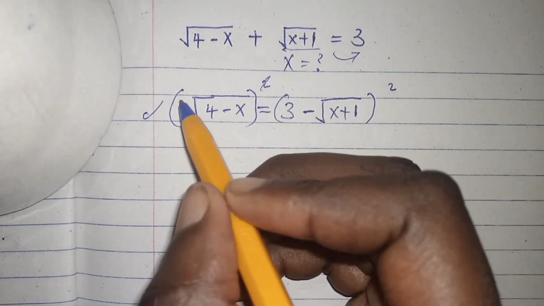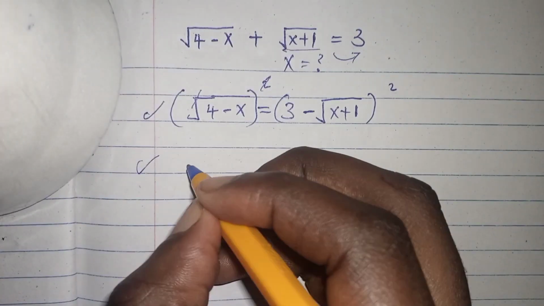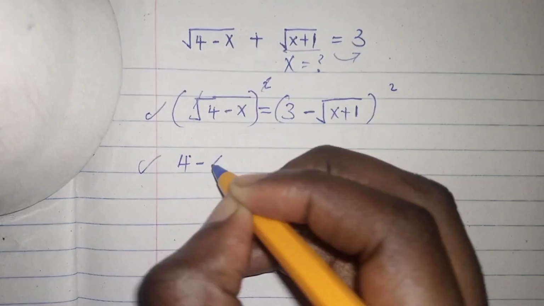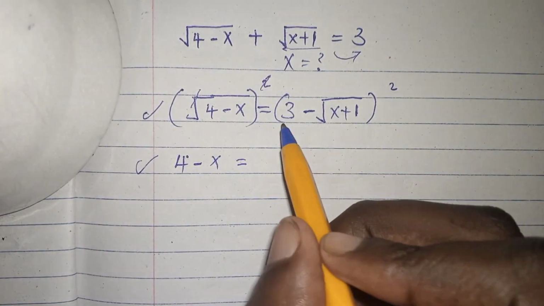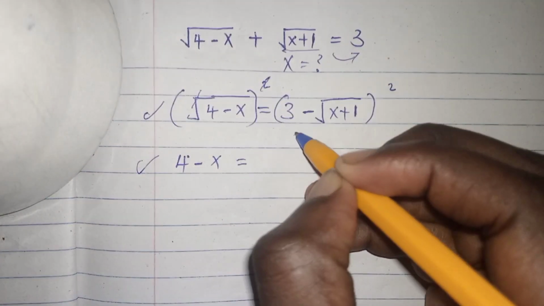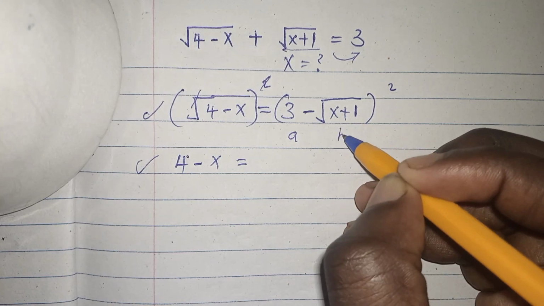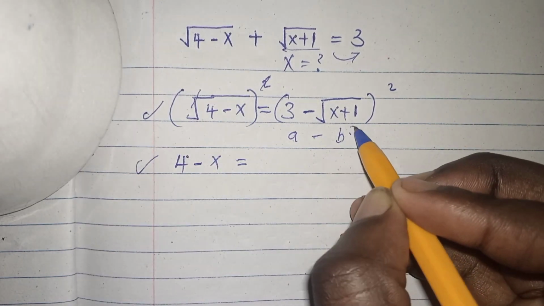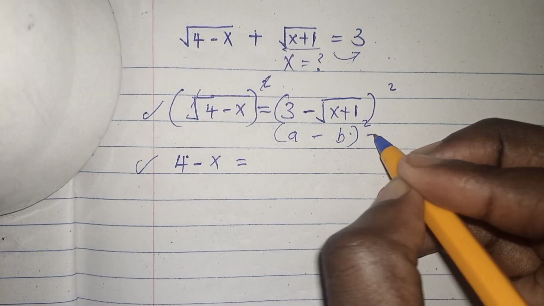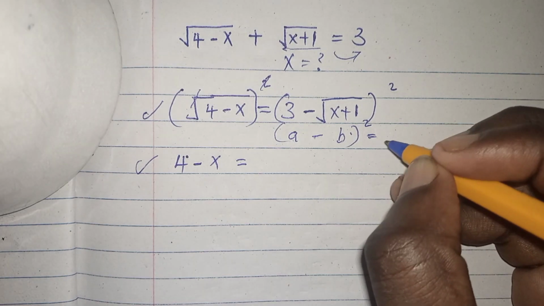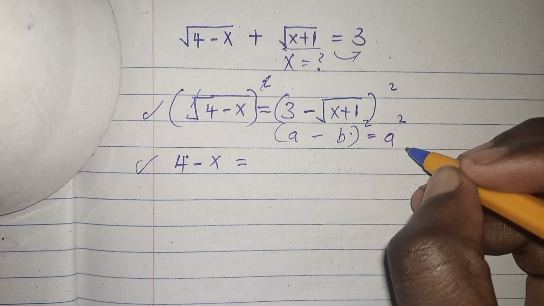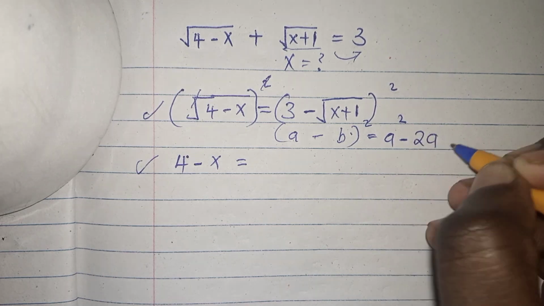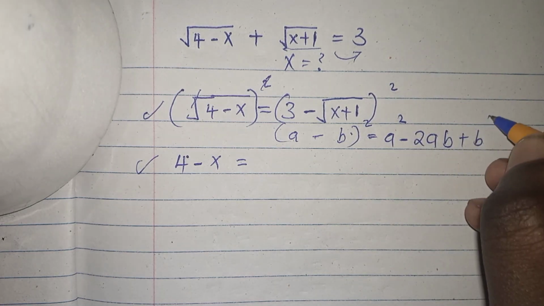So this square here will cancel with the square root, and this will be 4 minus x is equal to, so we have this. So we shall label this as our a and this as our b. So a minus b, all this squared, we can as well write it as a squared minus 2ab plus b squared.